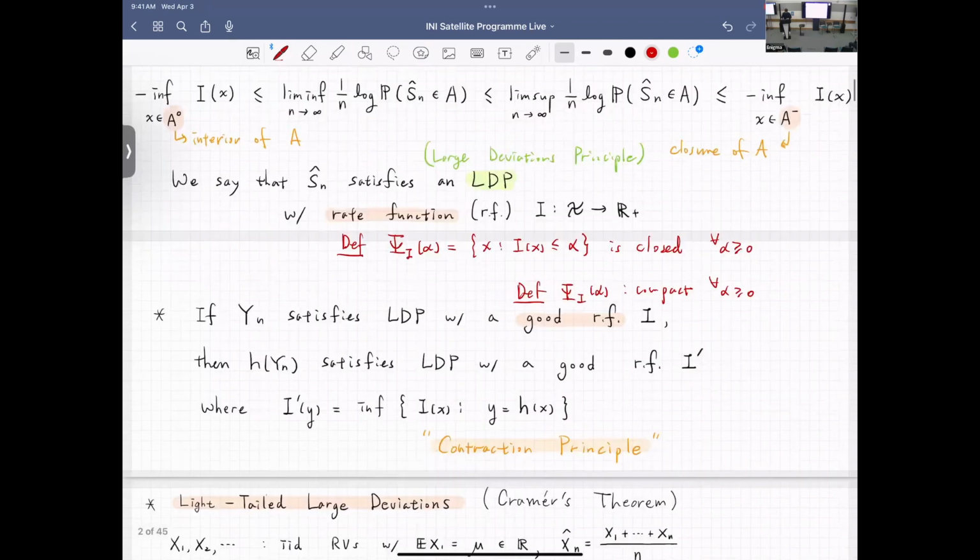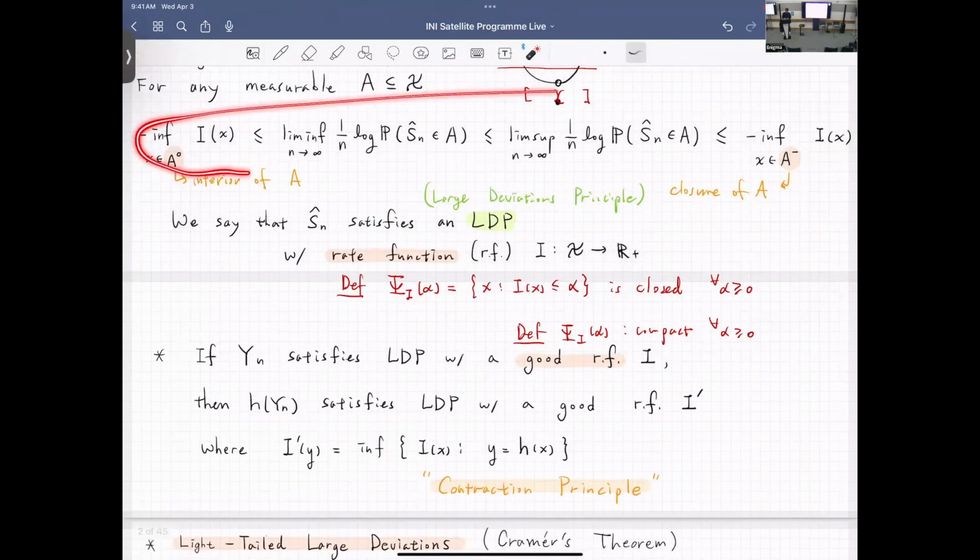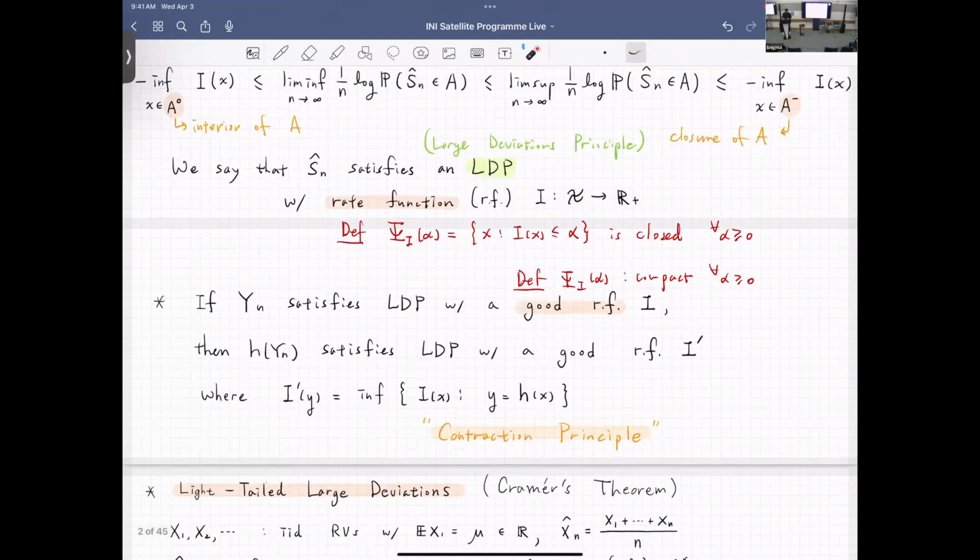All right. So what's useful about this formulation? If you have a good rate function and your sequence of random variables satisfies an LDP, then the continuous image of that also satisfies an LDP.